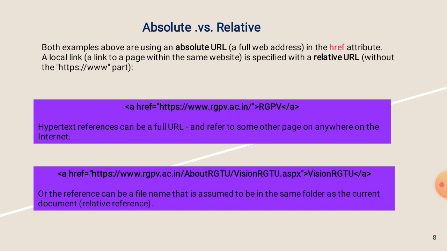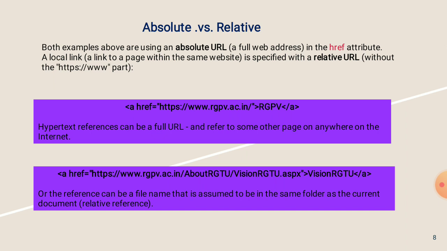So the syntax is a href with http://www.rgpb.ac.in, where we want to connect to the RGPB main page. That is absolute, a part of a hyperlink. Then we use relative, which means we use a direct syntax to connect to another page with a single hyperlink.